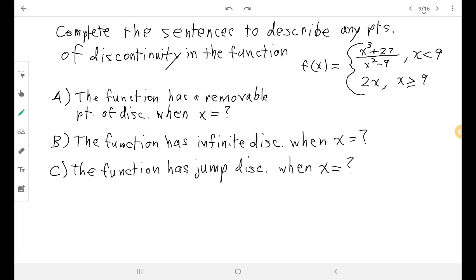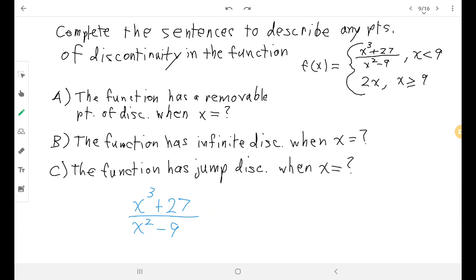So you might go to Desmos and graph this to get a look, but really what we want to think about is what's going on, for example, this part right here. What x value gives me a denominator of 0? That's going to be important there, right?